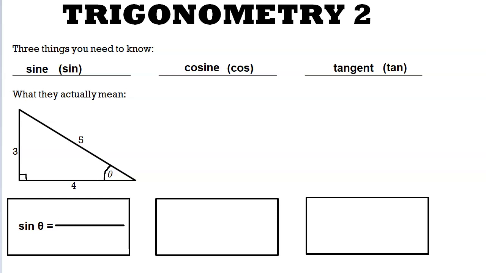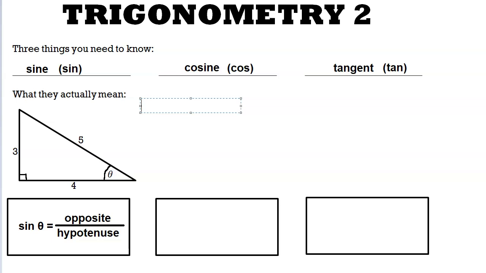So in this case, sine is the ratio of the opposite side, write this down, to the hypotenuse. Okay.